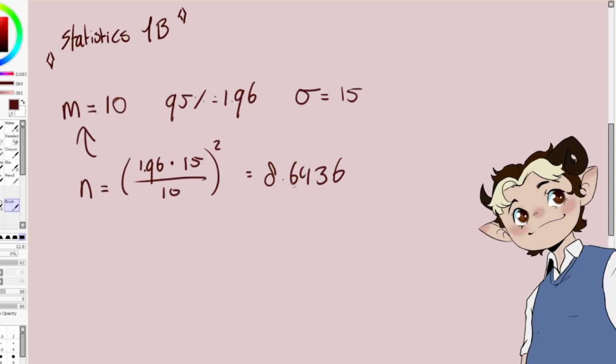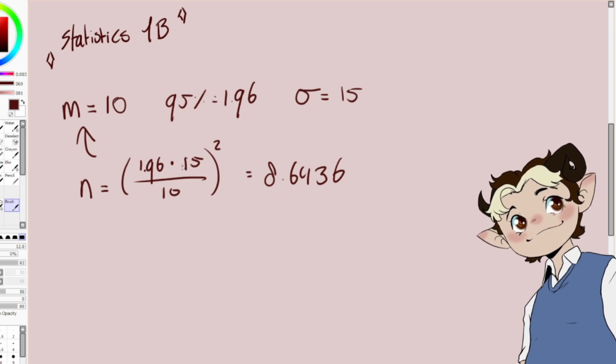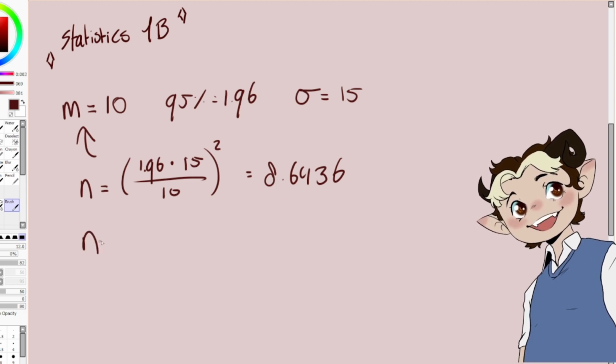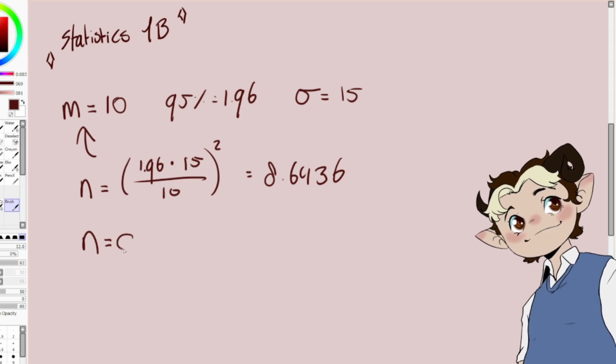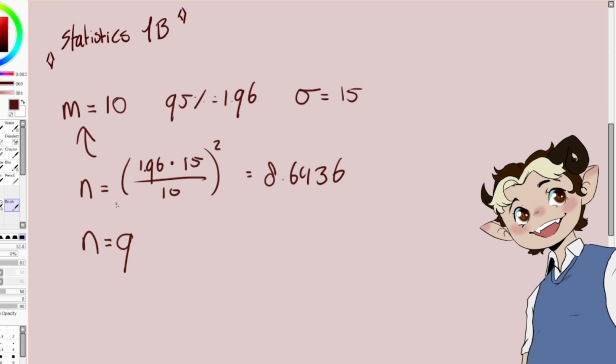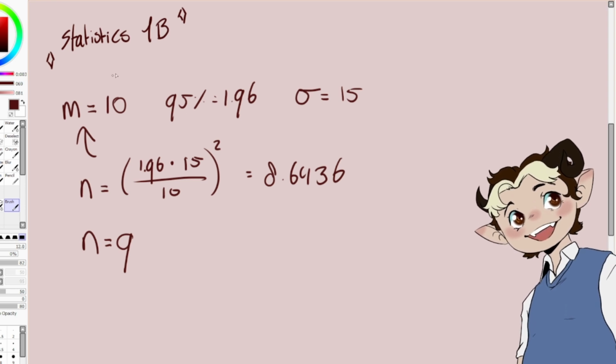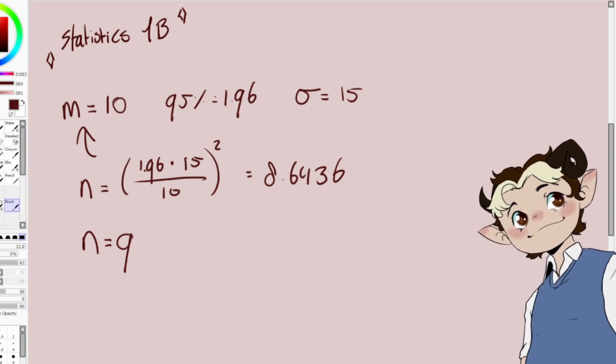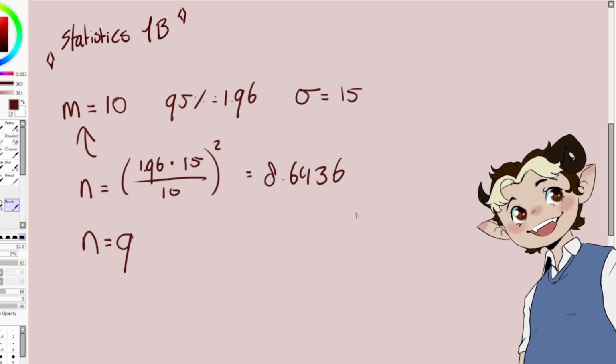Since we cannot have partial people, we always round this up. So we would need a minimum of 9 people in this test to get to that margin of error. That's kind of like the basic way of going about this. This is just a formula you kind of just need to memorize.